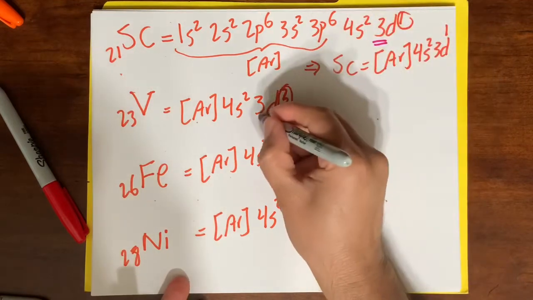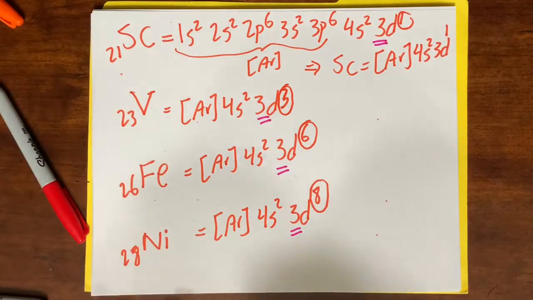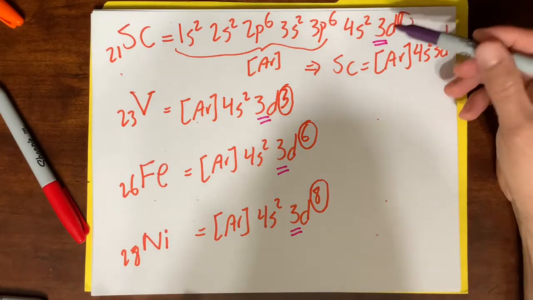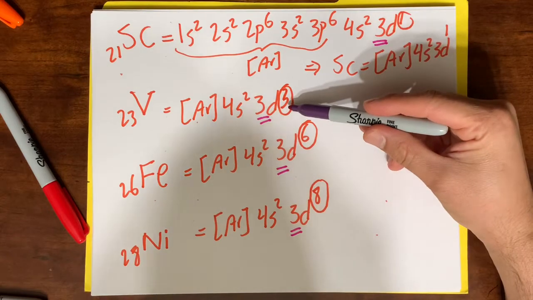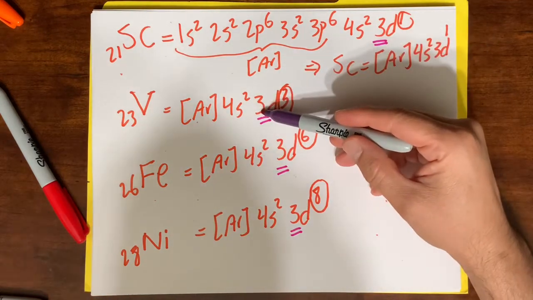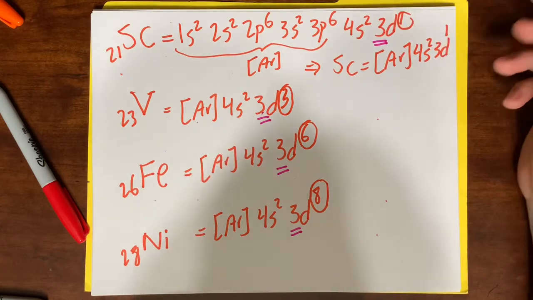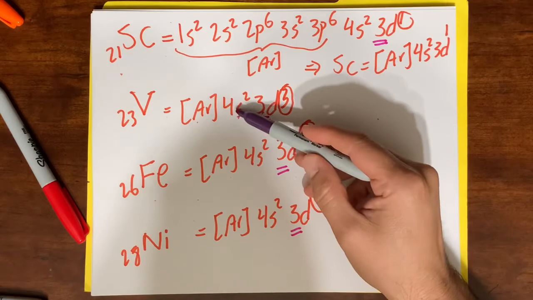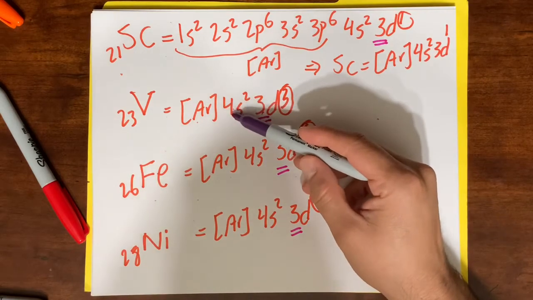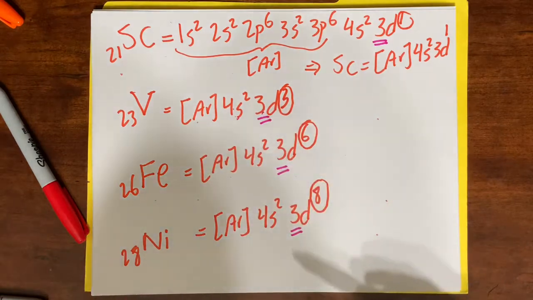So the last electron is going to a d orbital, and that d orbital belongs to the third layer. And what's the last layer? The outer layer is 4, and we showed it by the 4s orbital.